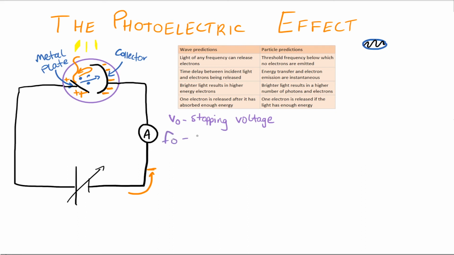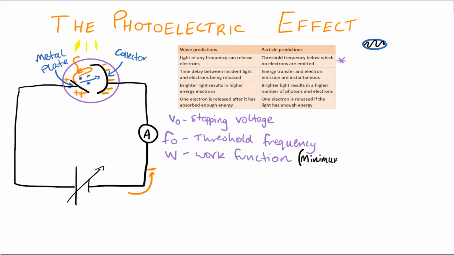We have f0, which is the threshold frequency that we talked about up here. We have W, the work function, and the work function just gives us an idea of the minimum escape energy that the electrons need to leave the metal plate.